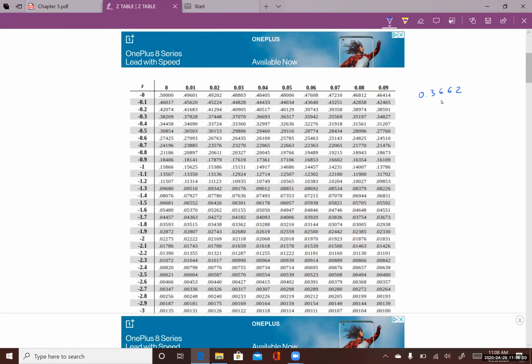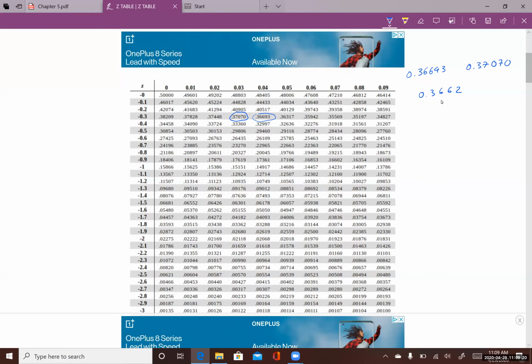I found 0.36693, which is a very close value to 0.3662. And I found another one, 0.37070. So between these two values are the values that are very close to 0.3662.